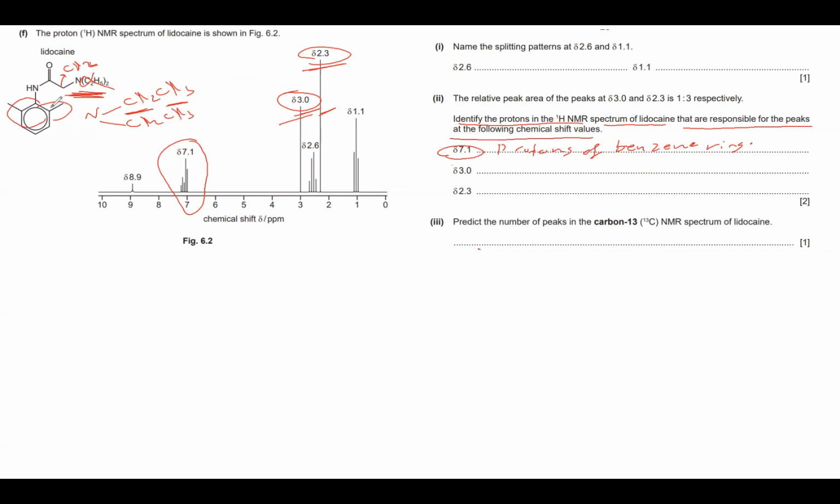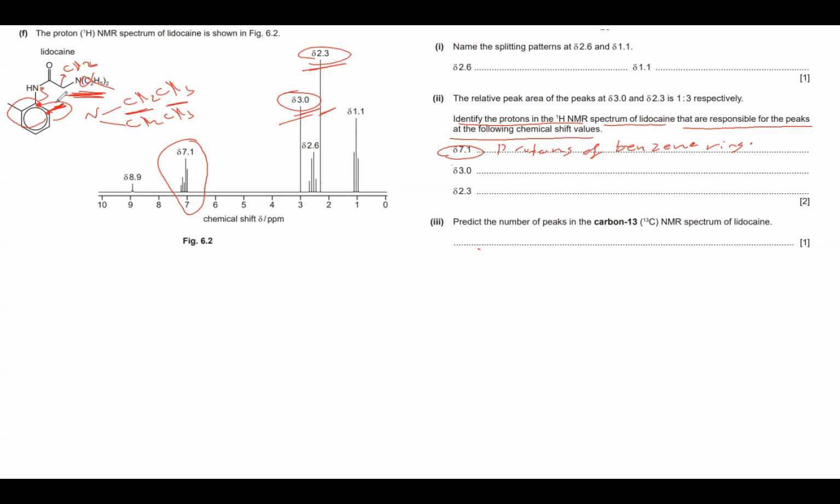Why are these in the same chemical environment? Because as you see, both of them have the same connection. For example, both of them are connected to a carbon that is connected to this carbon that is connected to N, okay?